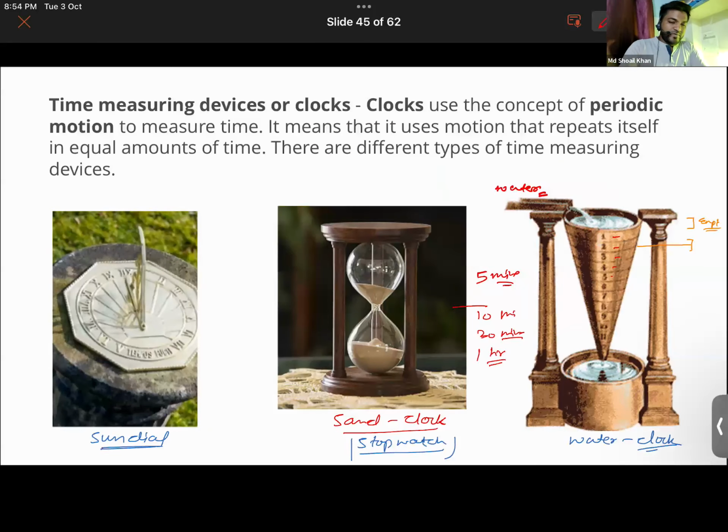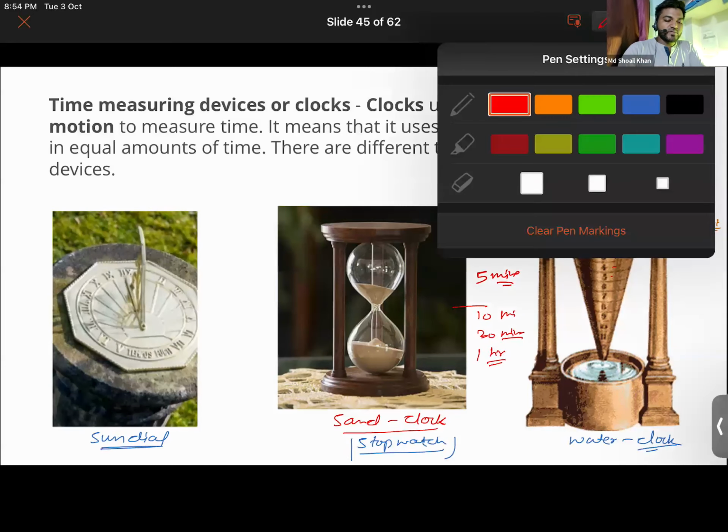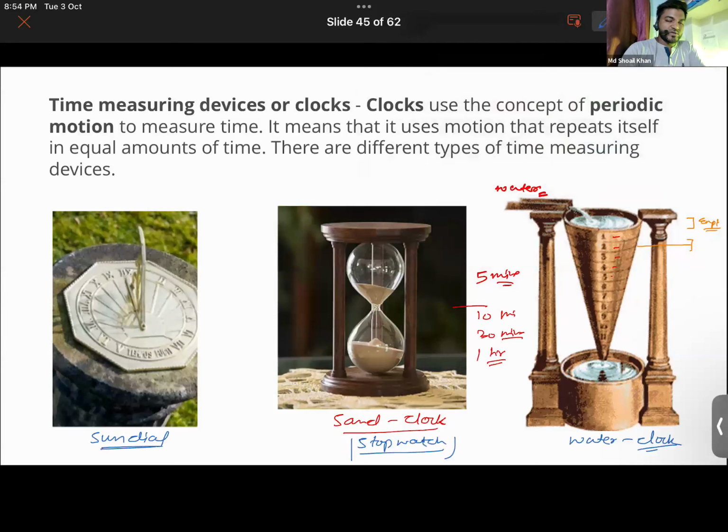Now, what were the limitations of the sundial? What were the problems if you were to use a sundial today, or even back in the time? It measures time by the position of the shadow cast by the sun.